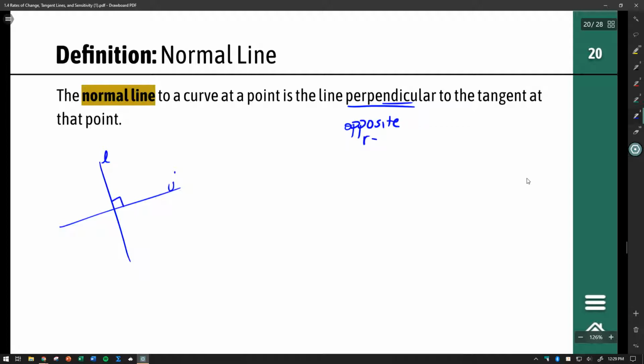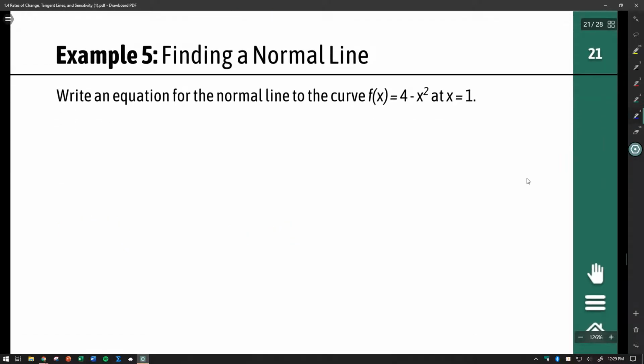Opposite reciprocal. So that means if the slope of some tangent line were, say, 2/3, then the slope of the normal line would be -3/2. Okay, so let's keep that in mind and do an example.